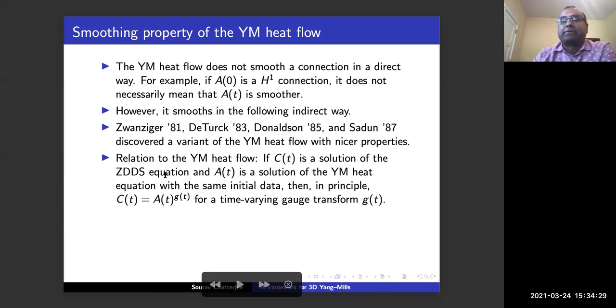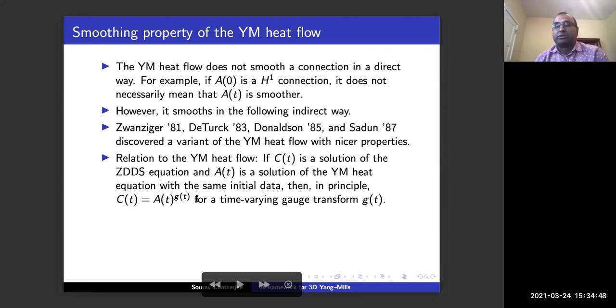Now, what is its relation? If C_t is an evolution according to this ZDDS equation, and A_t is a solution of the Yang-Mills heat equation with the same initial data, then in principle, and this is not so easy to make rigorous, C_t should be a gauge transform of A_t, for a time-varying gauge transform, for all t.